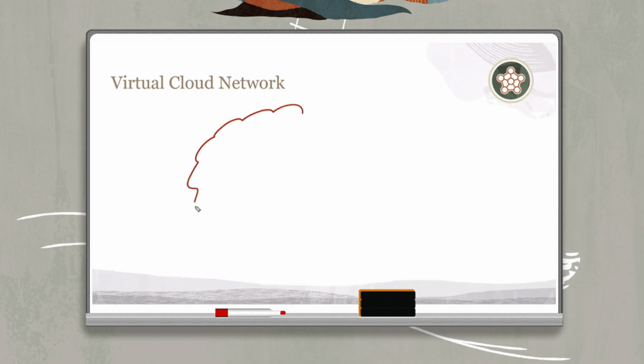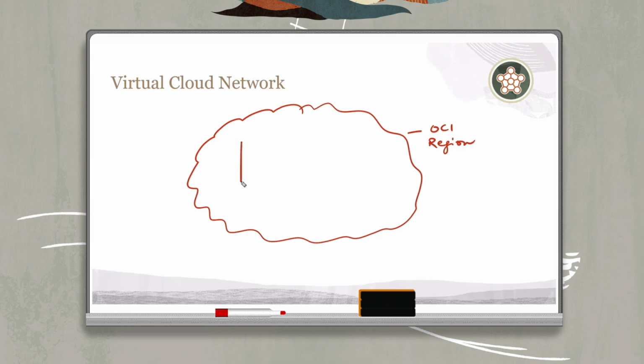Let's say this is an OCI region. Inside the OCI region, we have a virtual private network that we call virtual cloud network or VCN.